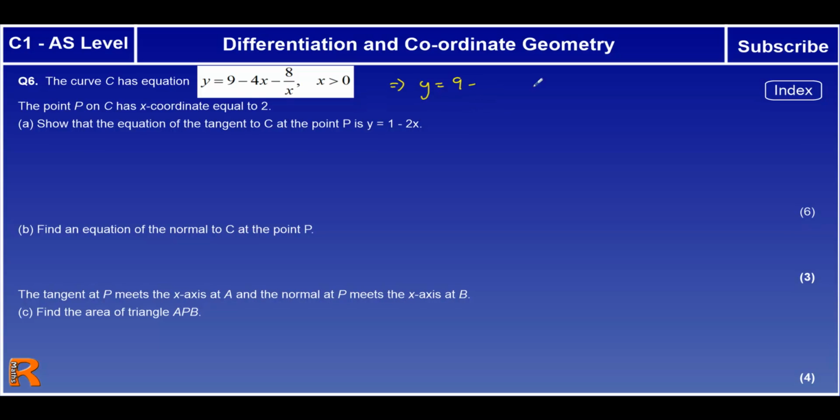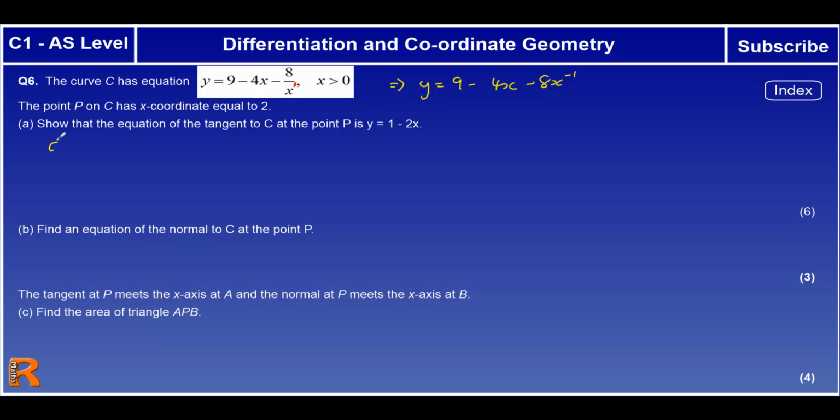So we've got 9 minus 4x, and then we just change this bit here to be 8x to the minus 1. If that was over x squared, that'd be 8x to the minus 2, and so on. But as it's just the 1x here, that's just a 1. So x to the minus 1.